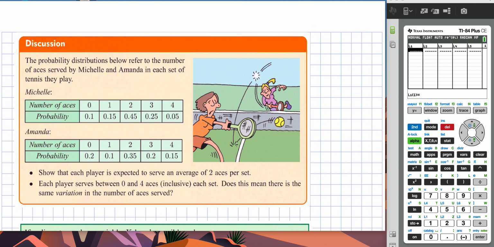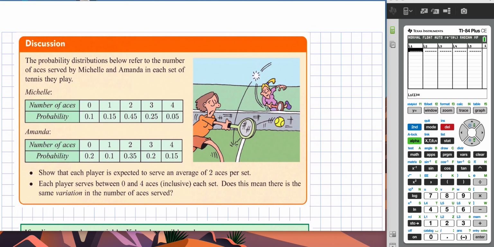These stats are used lots for sporting greats and things like that, so it's a good example up on the board. If we work out the mean number of aces, we've got two tennis players and they serve a certain number of aces every set that they play, then we could work out a mean.